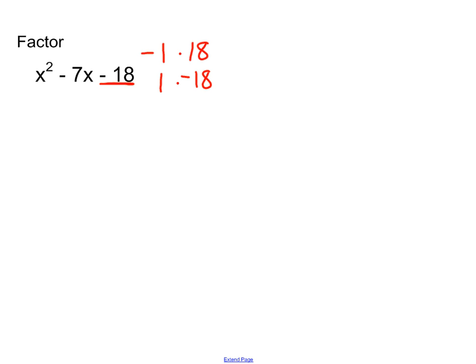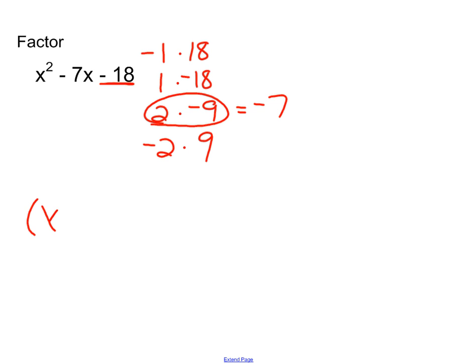We have 2 times a negative 9 and negative 2 times 9. And so I know 2 plus a negative 9 is a negative 7, and I do want the negative version. So this is the one that we want right here. And so we're going to go x plus 2 and x minus 9.